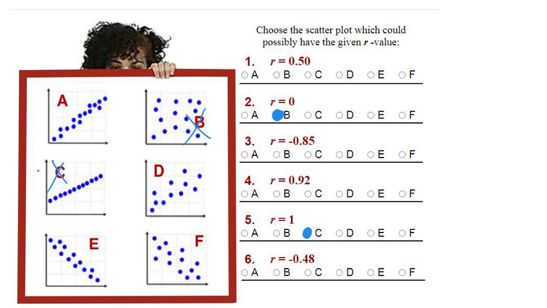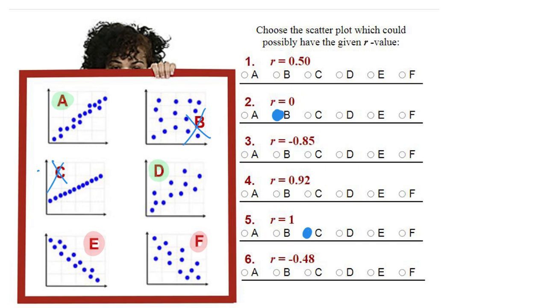Now, the rest of these I'm going to put in order based on strength and based on whether they're positive or negative. So you'll notice that we have a negative correlation coefficient here and here. We have positive correlation coefficients here and here. So when I look at my data, I know that A and D are both positive, and I know that E and F are both negative.